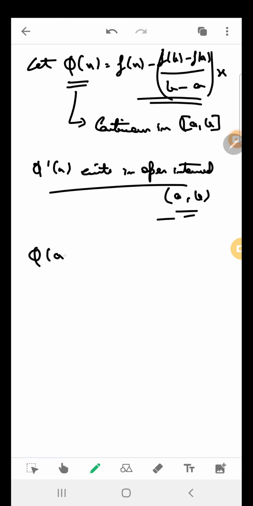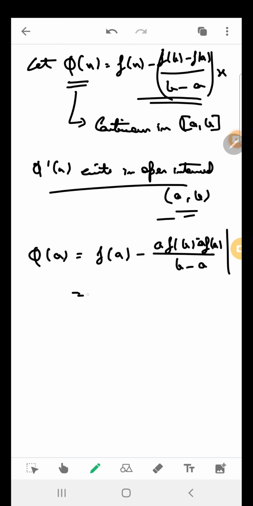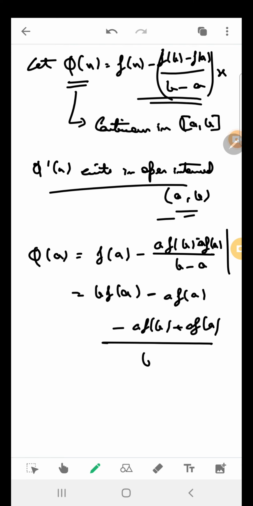Further we have phi of a is equal to f(a) minus a(f(b) minus f(a)) over (b minus a), which will actually be b f(a) minus a f(a) minus a f(b) plus a f(a) over b minus a.